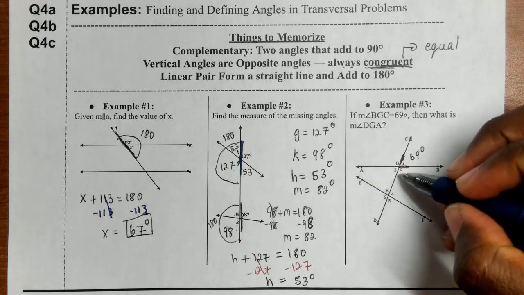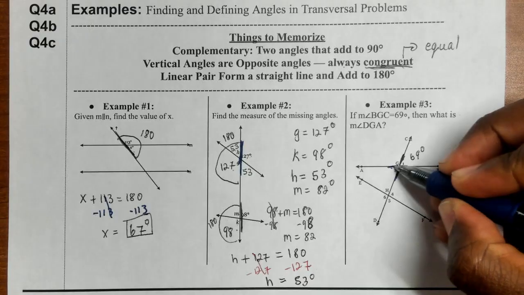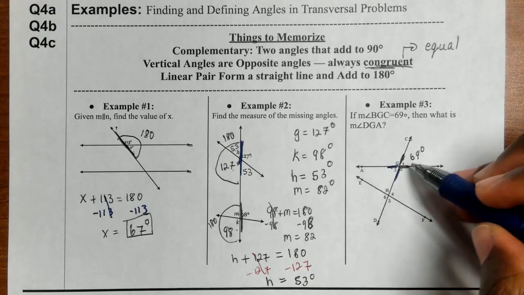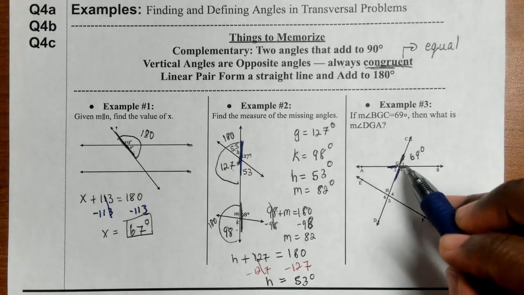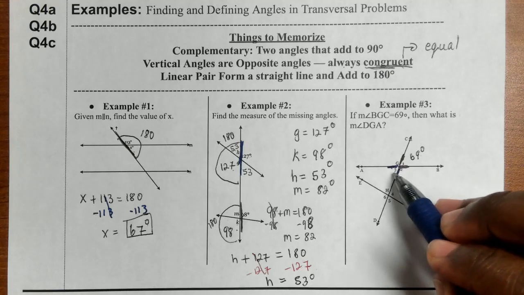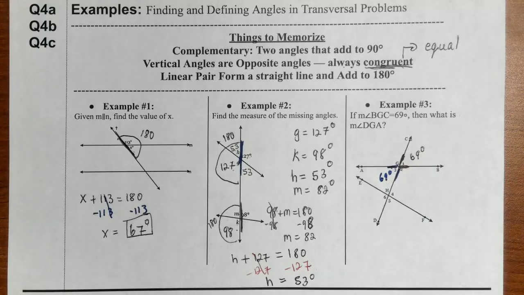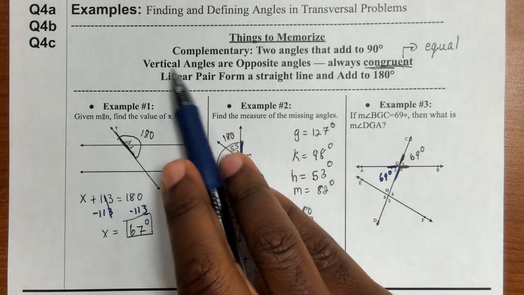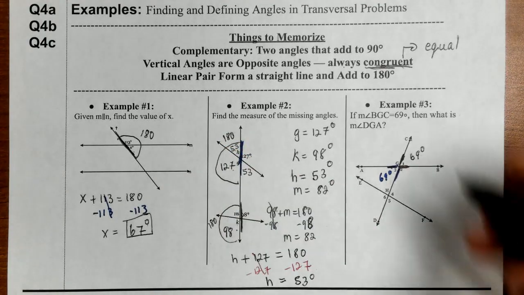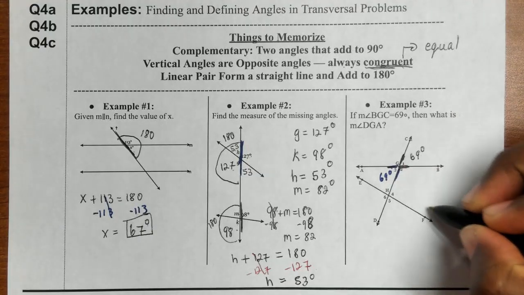DGA will be this angle right here. We know angle 1 is 69, and these angles are opposite one another, so angle 3 would also be 69 degrees. The reason it would be 69 is because they're vertical angles. Here we have classic vertical angles.